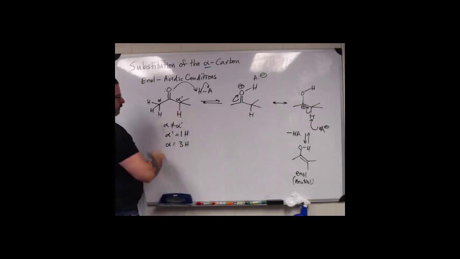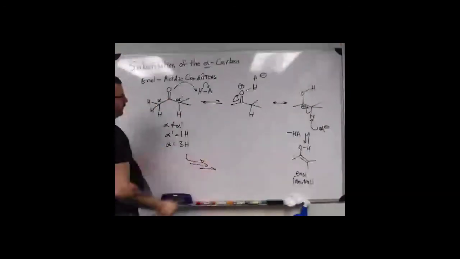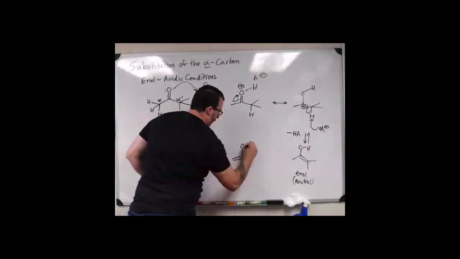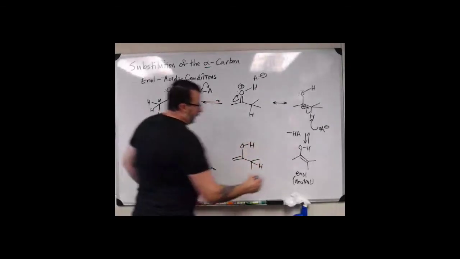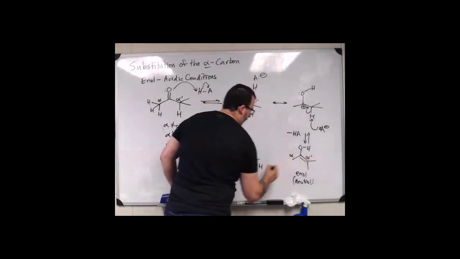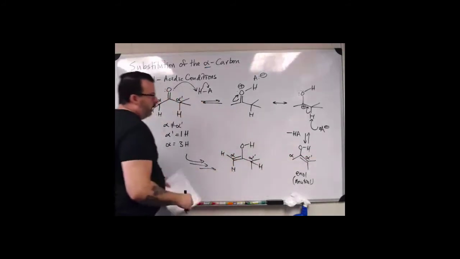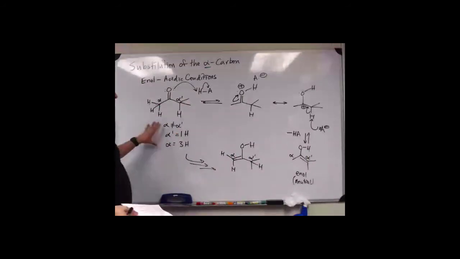So this is the complication when you're starting with non-symmetric ketones: you can enolize from either alpha carbon, alpha or alpha prime.